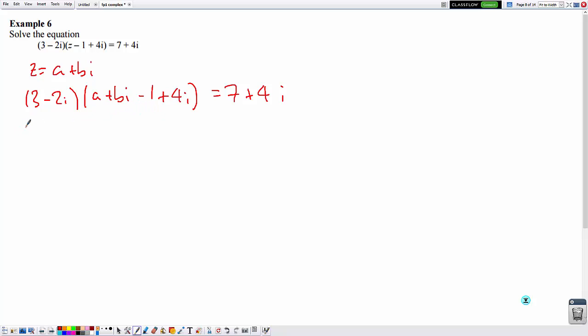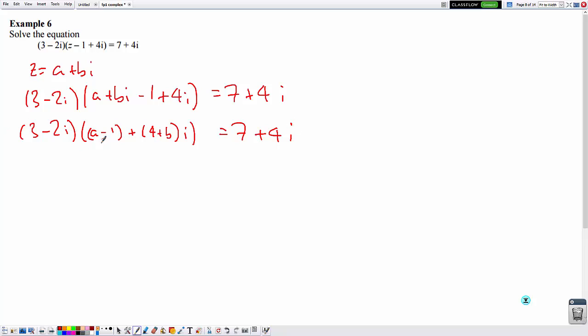So this is the 3, although you don't need to do this step if you don't want to. So I've got a minus 1. So I'm just going to think about that as one object. And I've got a 4 plus b. So plus, say, 4 plus b or b plus 4, doesn't matter. And that's equal to 7 plus 4i.